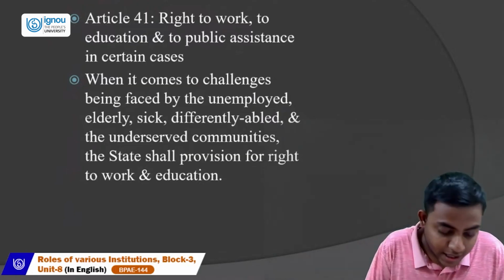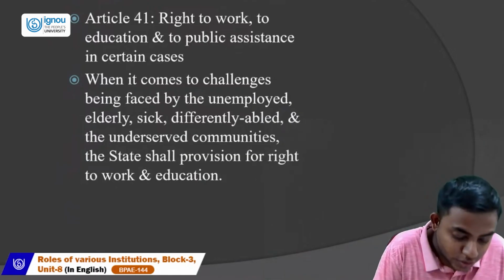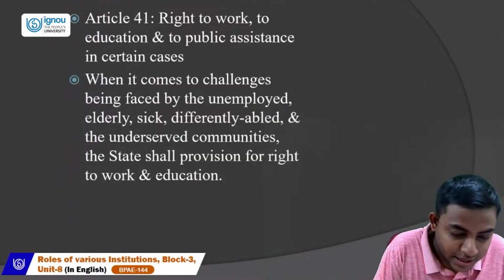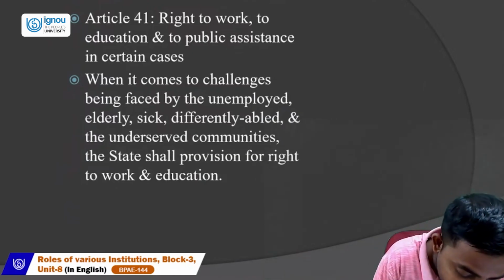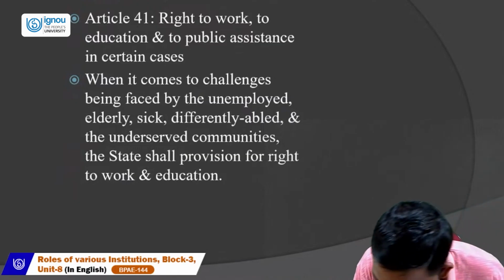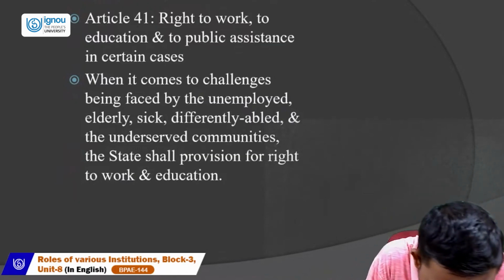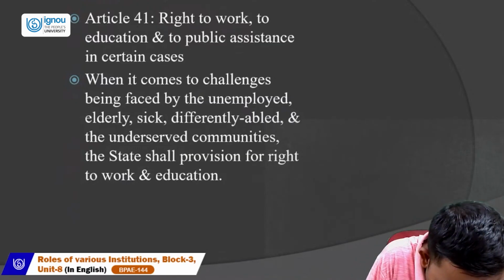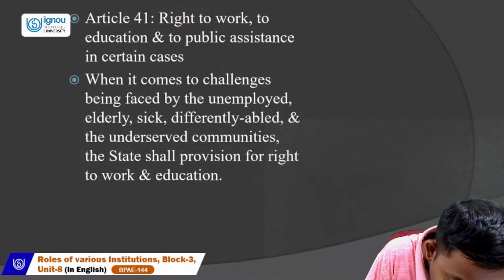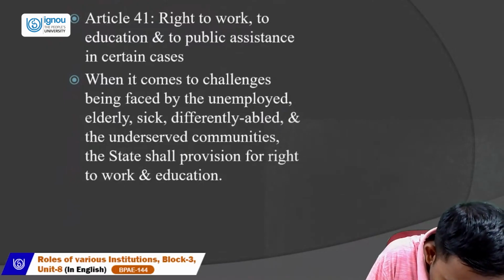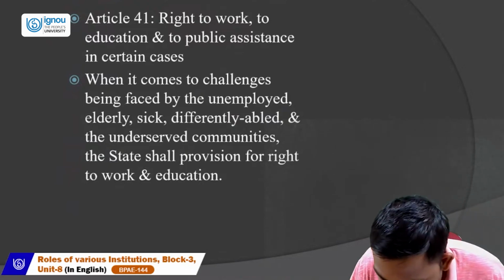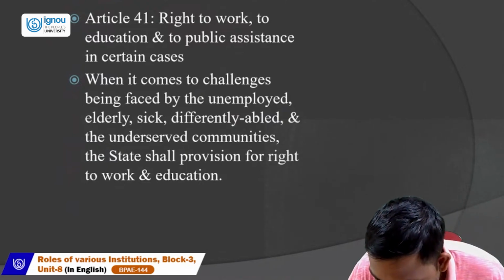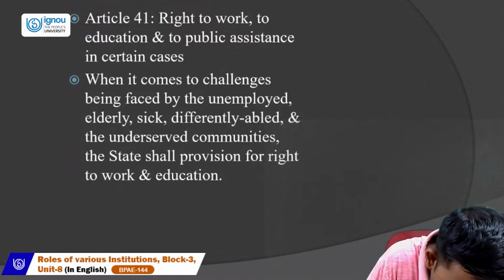Another thing is regarding Article 39. So Article 39, which is a very significant part of the directive principles of state policy, it also puts a responsibility on the union government as well as the state governments to ensure that there is equal wage for both men and women, equal wage for equal work for both men and women.